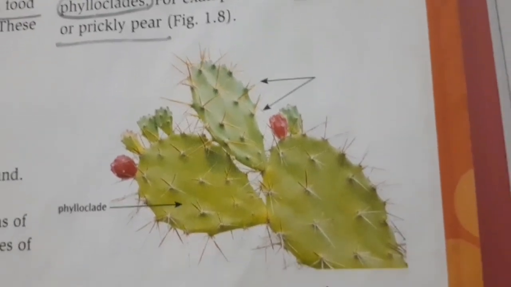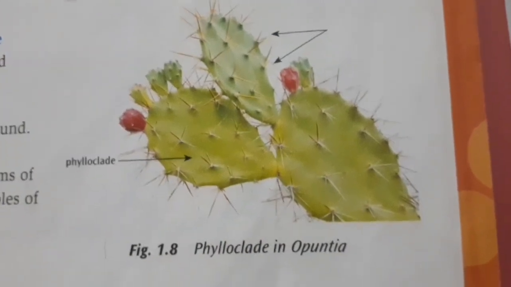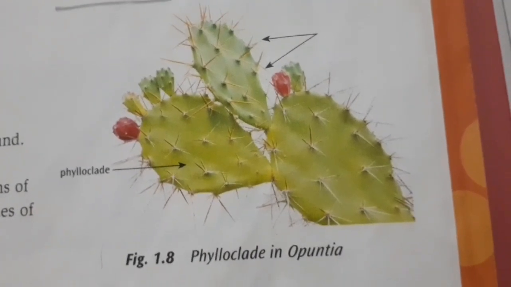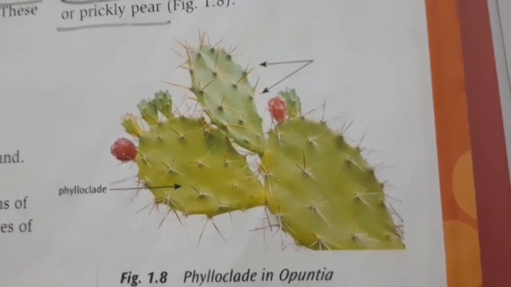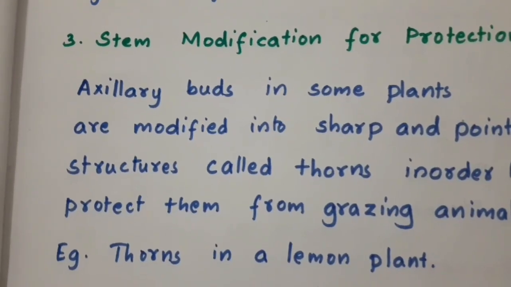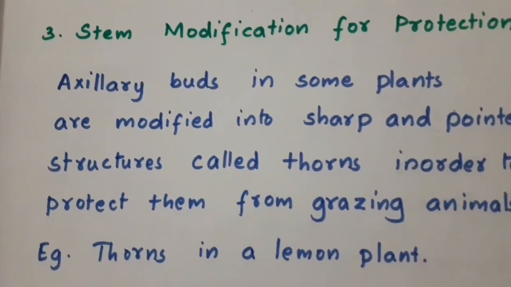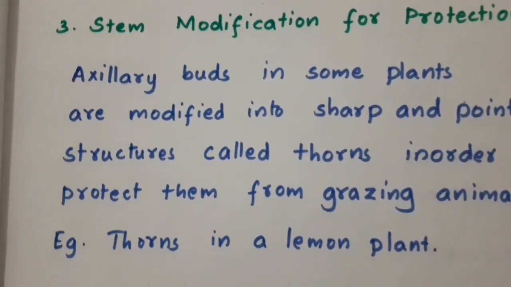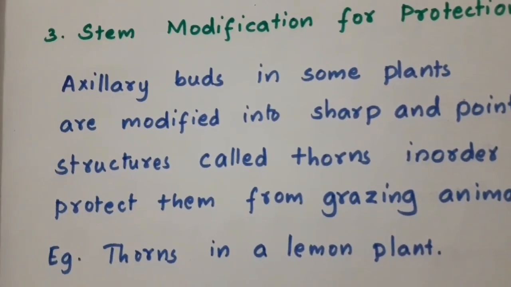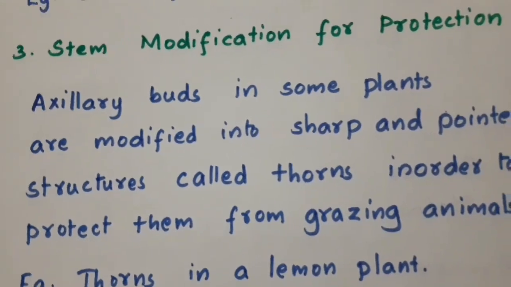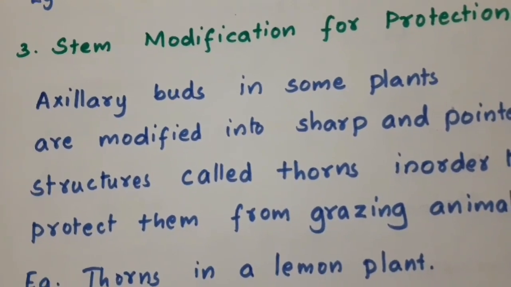Opuntia means the cactus, the spines are there and the stem is fleshy, green in color, and the stem will perform photosynthesis. Now we will see the other modification, stem modification for protection. Axillary buds in some plants are modified into sharp and pointed structures called thorns in order to protect them from grazing animals.